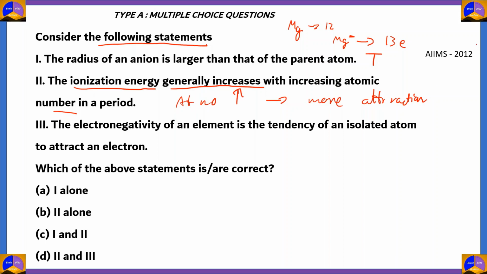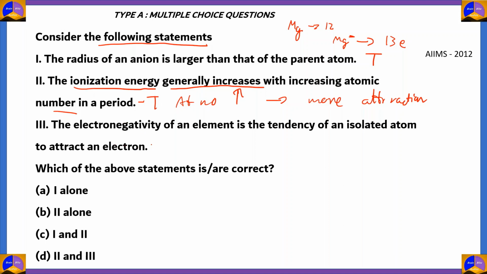So even if an electron is farther from the nucleus, it would still be attracted by the nucleus due to the increasing atomic number. An increase in atomic number is when there is the addition of a proton. So therefore, statement number 2 is also correct.